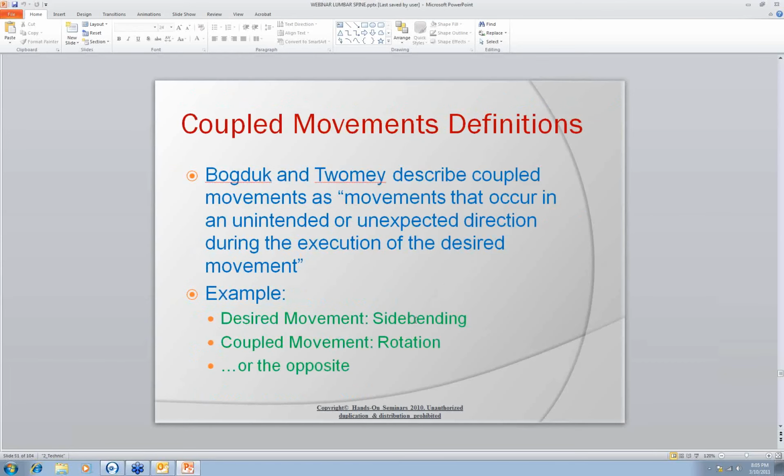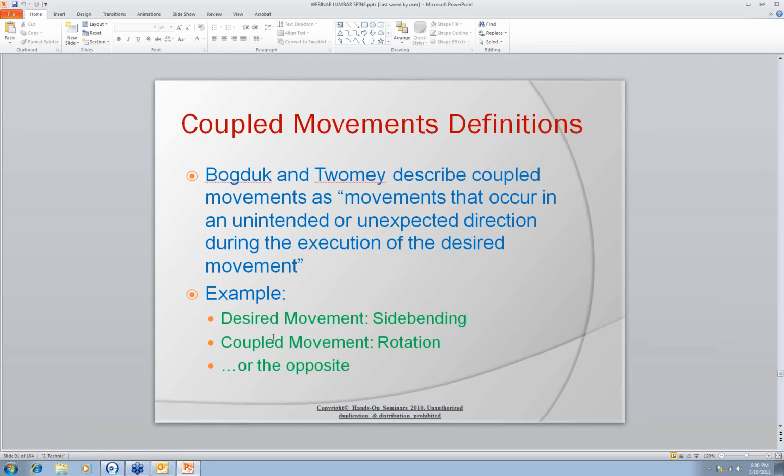Coupled movements are movements that occur in an unintended or unexpected direction during the execution of a specific movement. So let's suppose that you want to do side bending of the spine. If during the side bending of the spine we also have rotation, the rotation is the coupled movement.